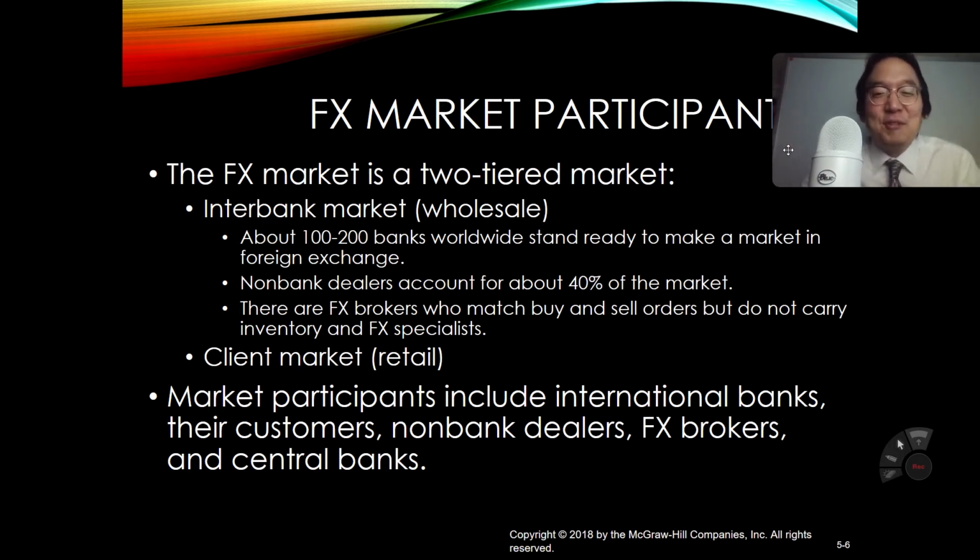Brokers who match buy and sell orders but do not carry inventory, and FX specialists. Okay, so in the FX wholesale market, traders and dealers are two different kinds. Dealers carry inventory. They carry their own book of these currencies. They carry those risks, FX risk.